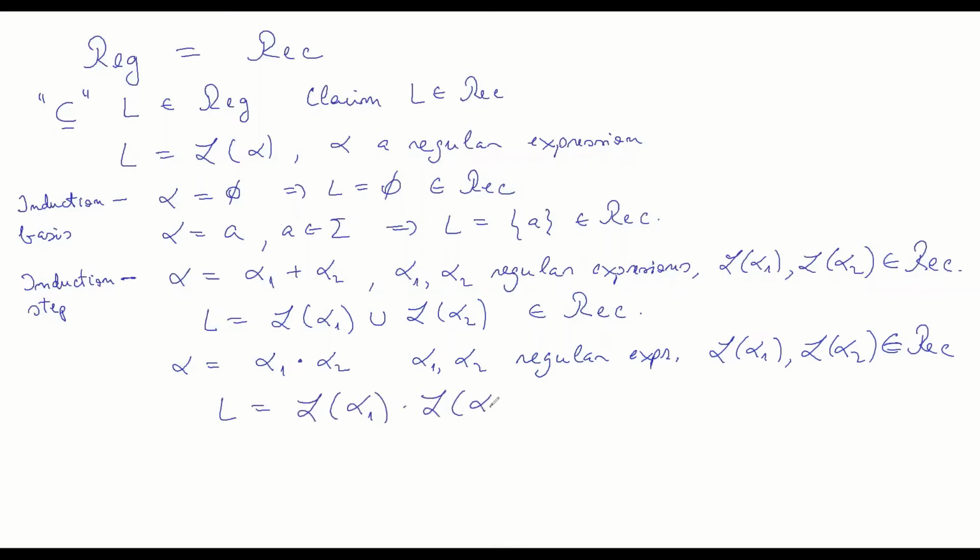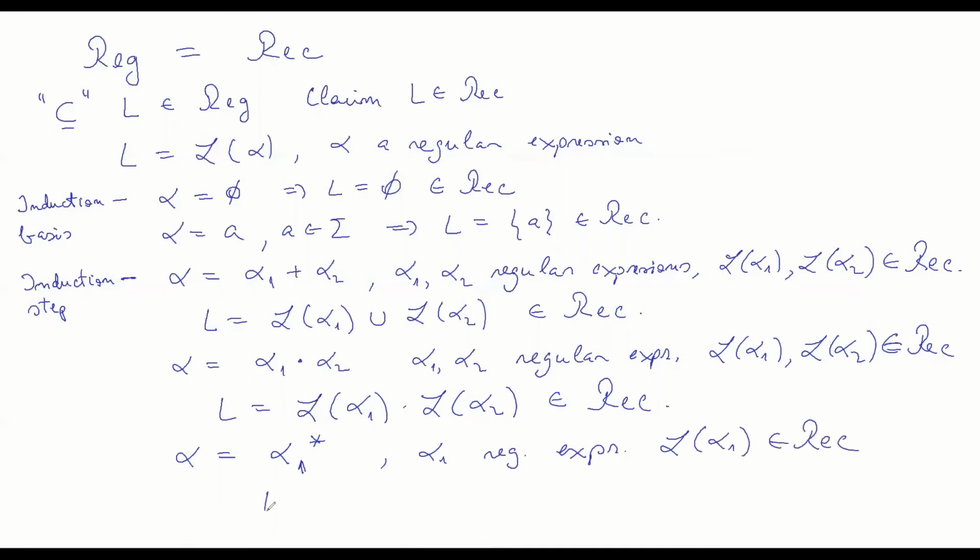And again, the same argument. In the previous lecture, we have shown that the concatenation of two recognizable languages is a recognizable language itself. And finally, the third case is when alpha is of the form alpha 1 star, with alpha 1 just like before a regular expression, and with the language of alpha 1 a recognizable language.